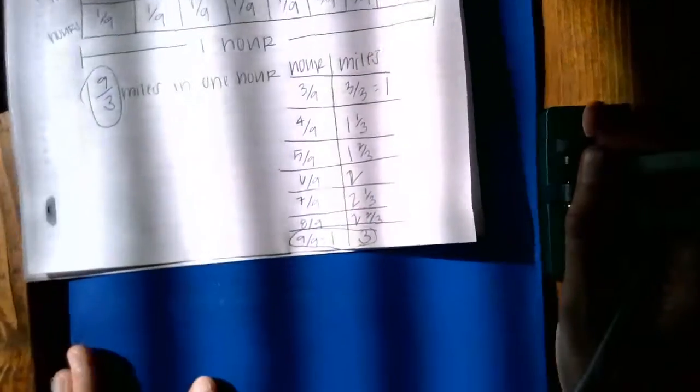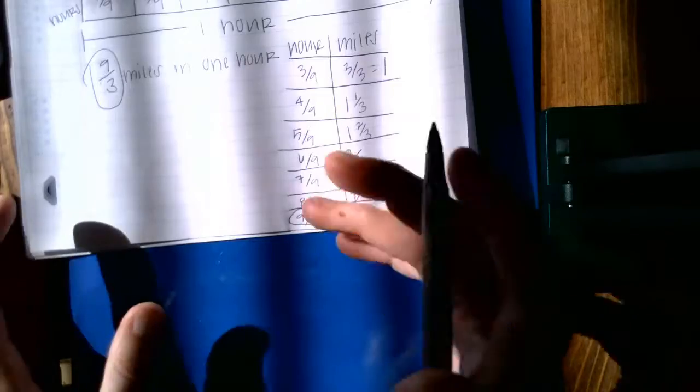The next way that you can solve this is by taking the distance that he goes, 1/3, and dividing it by the time it takes, so 1/9. I'm going to go ahead and change this into multiplication and take the reciprocal.